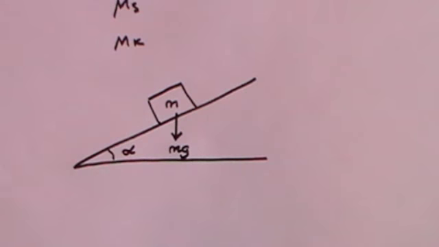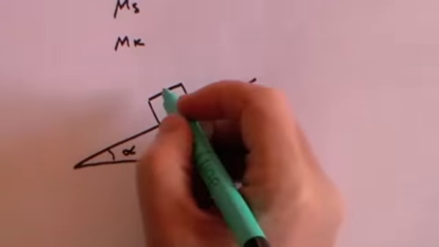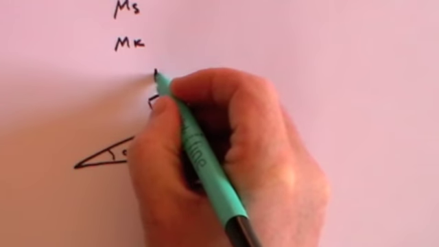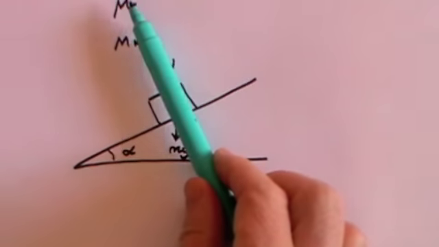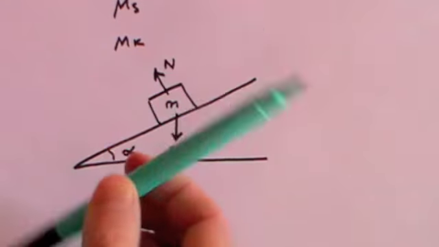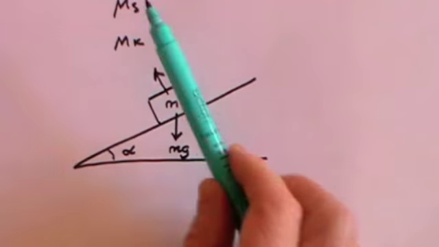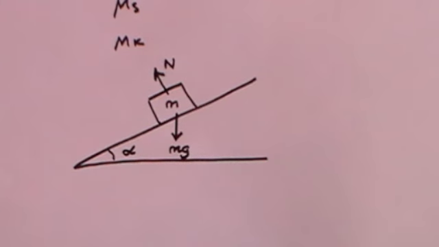There will be a normal force, and you'll remember that I stressed this point, the normal force is always perpendicular to, or at right angles to, the plane. So the normal force goes off at right angles.